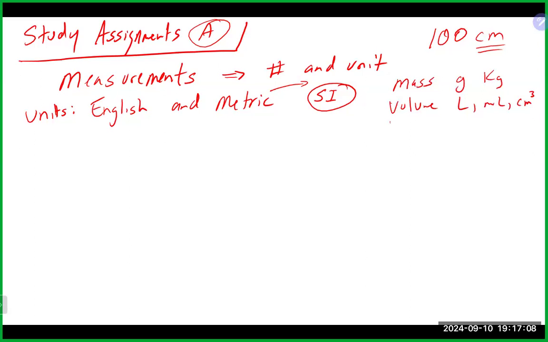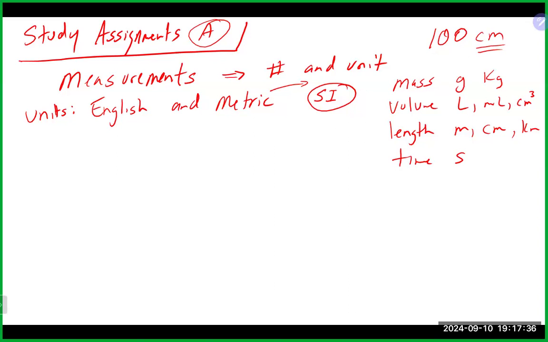Also, for length or distance, meters, centimeters, and kilometers are common units. Time is seconds. So it's really important to understand that when you see a unit like grams, it's referring to a mass and not a volume. So you don't tell me I had 54 grams of volume in my graduated cylinder or anything like that.